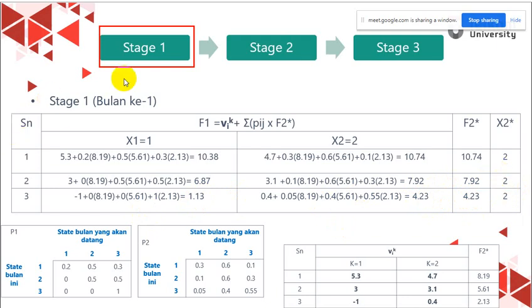So in stage 1, whatever condition in stage 1, the best decision is doing overhaul, or decision 2. Okay.